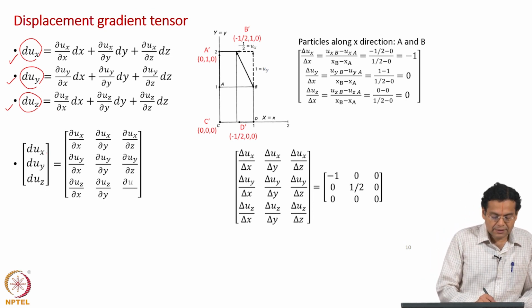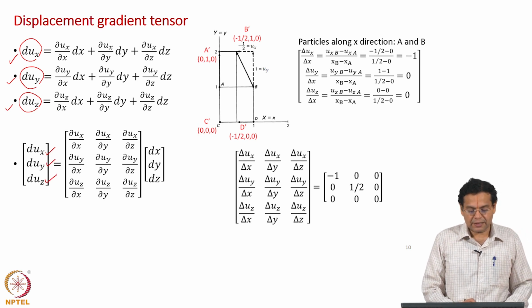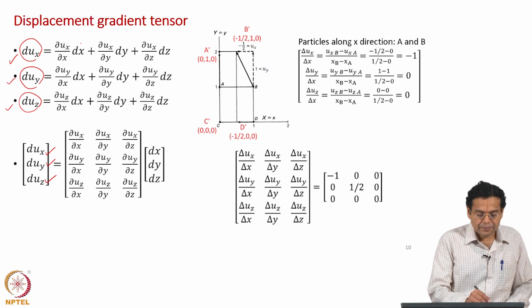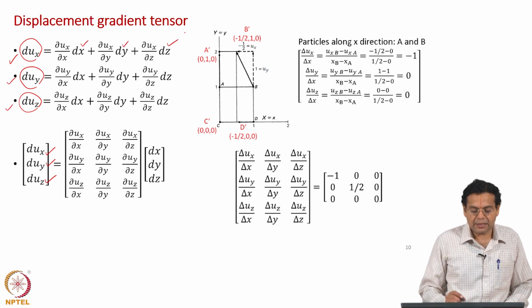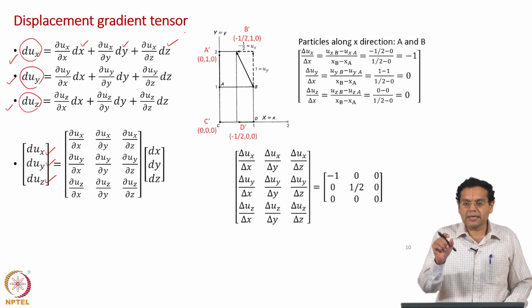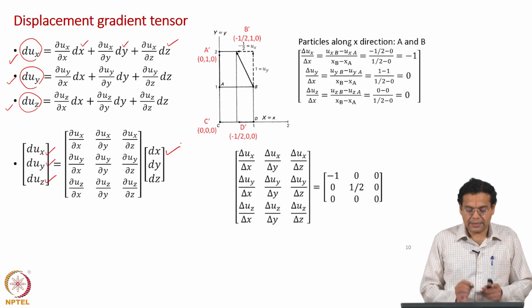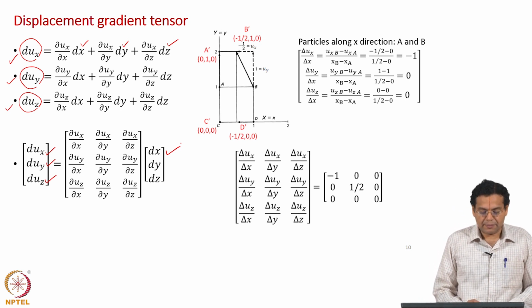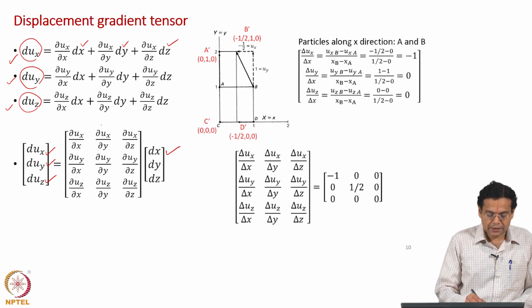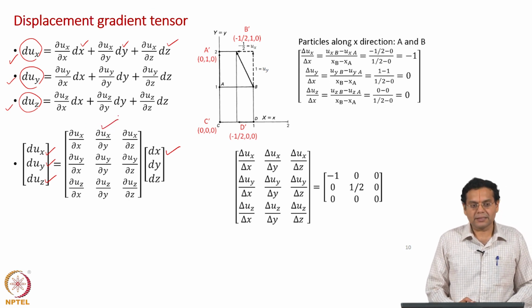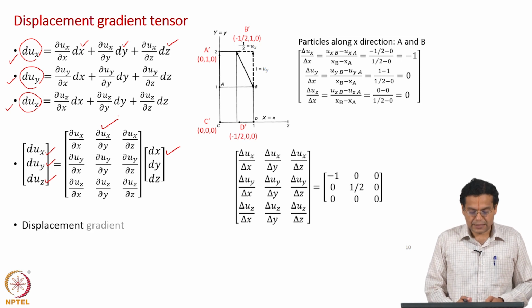I am collecting all the differentials of displacement on the left hand side as a column vector, and then these dx, dy, dz, remember they were the difference in the x coordinate, y coordinate, z coordinate between p and q. They are all collected as another column vector. Now, if you arrange this as a matrix, then what you get is this 3 by 3 matrix, which you are familiar with as the displacement gradient tensor.